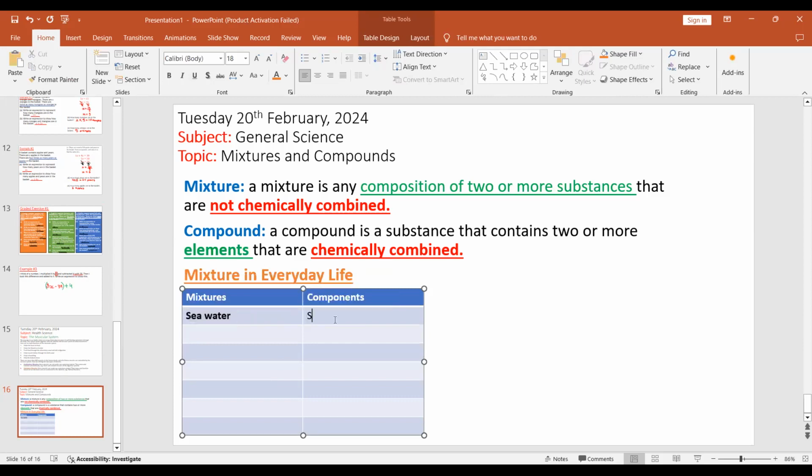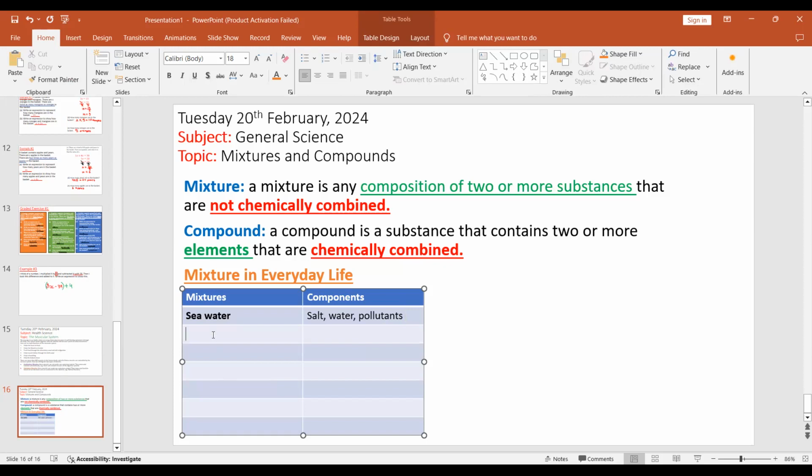Salt and water. What else do you think is inside that water? Minerals, sand. And what else? You think only good things are in that water? Fish urine? Oh, fish urine. That's funny. Bleach. So pollutants, right? Oil. So it's a mixture of salt, water, and pollutants.